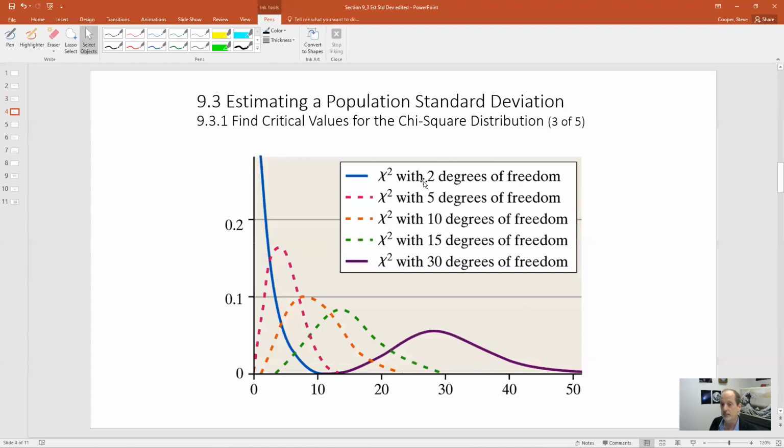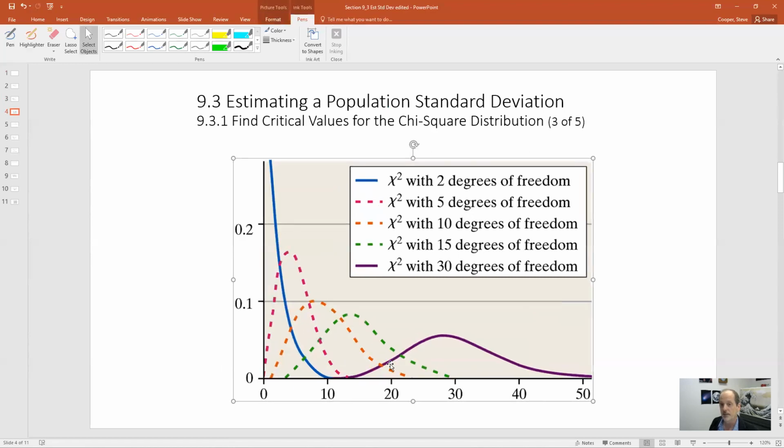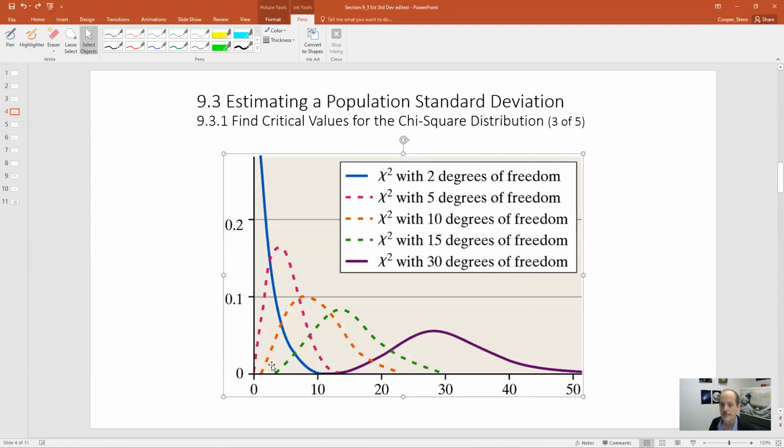As we increase our sample size or degrees of freedom, let's move on up to 10 and 15. So with 10, it's skewed right. And with 15, this green one, it is still skewed right, less so. And then with the purple, the skewed right is less pronounced by a long shot.